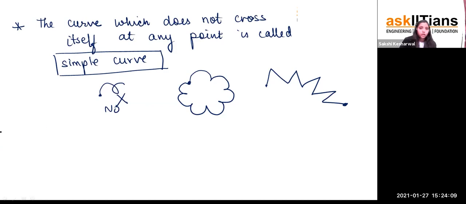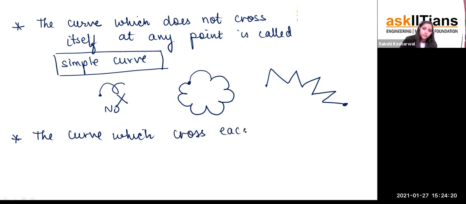Okay. So the curve which crosses each other, I can just write this. The curve which crosses each other is called a non-simple curve.